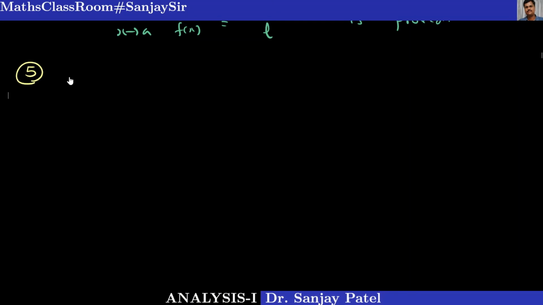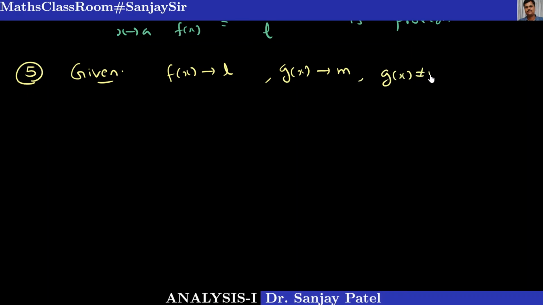Let us go to the next one, which is a very simple thing, just an application of results 3 and 4. What is to prove is this, or let me write it this way. We are given, first of all, let me make everything clear: f(x) tends to L as x tends to a, g(x) tends to m, and also we are given that g(x) is not 0 for all x and m is also a non-zero number.